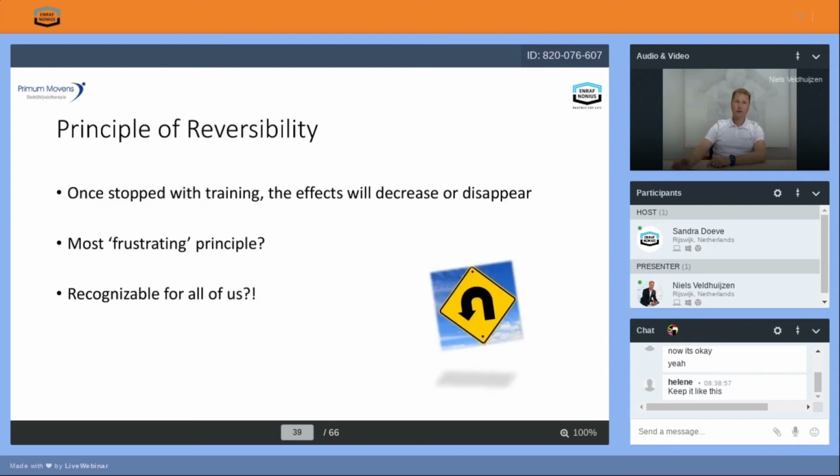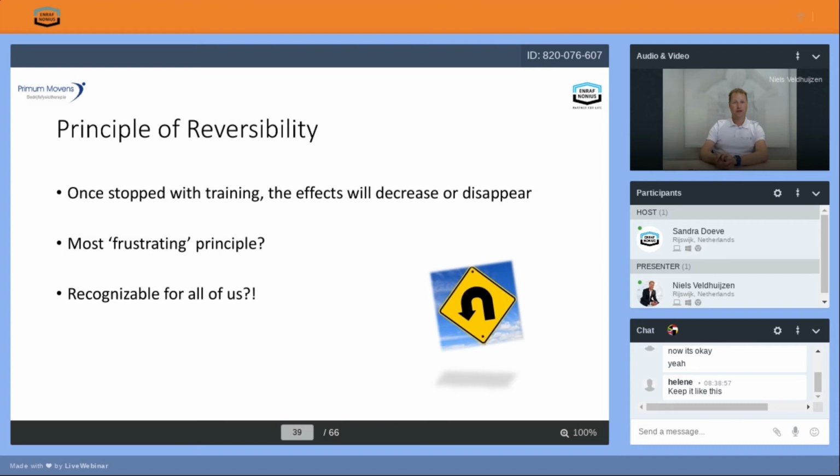Then you have the principle of reversibility. Once stopped with training, the effects will decrease or disappear. You probably know that. I often think it's the most frustrating principle, because all the effort that you have put into your body in getting better in shape, getting stronger, getting better at endurance, once you stop training, you will lose everything.